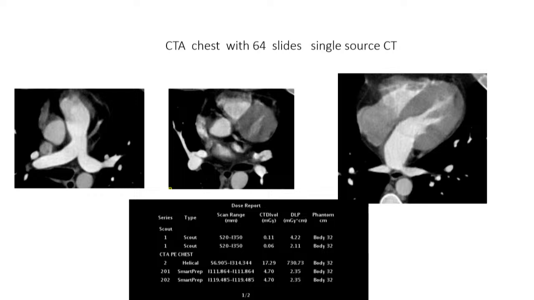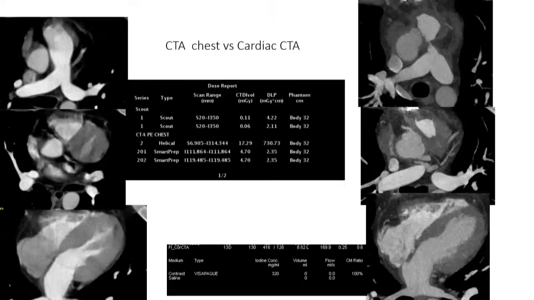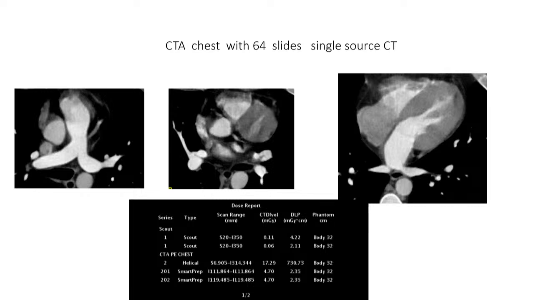It's non-gated, okay? If you're non-gated, you basically just scan the heart whenever. They don't care if it's in systole or diastole. So that's why you get motion like this, okay?